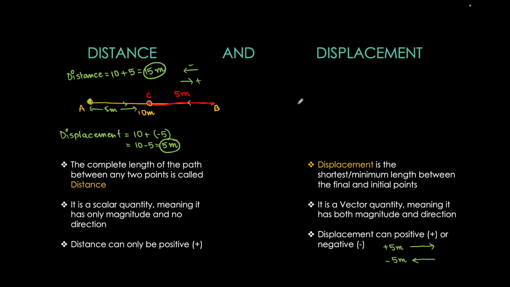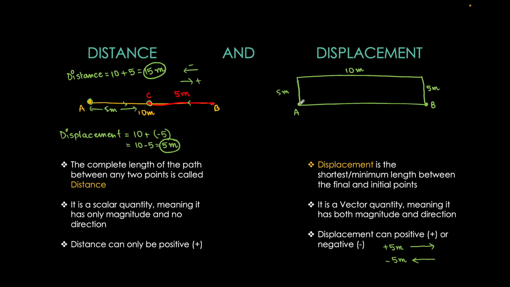Let's say a person needs to move from point A to point B, which is at a distance of, let's say, 10 meter. Now, one person goes through this path. Everybody has to reach point B, just remember that. So one person goes from this path, which is of length 5 meter, in this direction, then travels this direction, which is 10 meter, and then comes back to B while again traveling 5 meter.